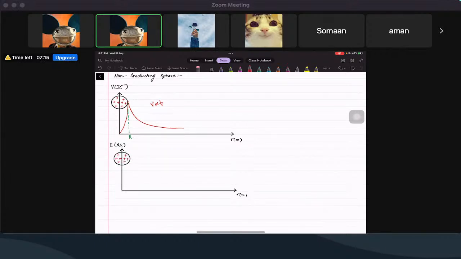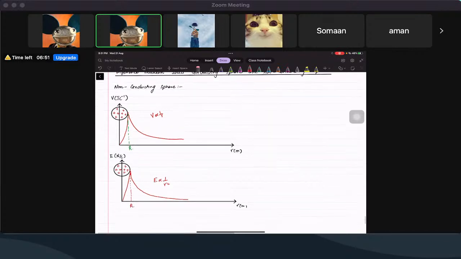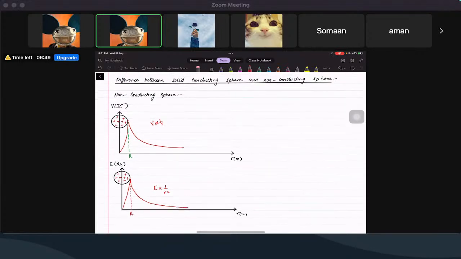Electric field strength shows you a sharper bend, because electric field strength depends on 1 upon R square, but inside it is a straight line like this. It increases till the radius and then decreases outside. So please draw this, and then we're going to talk about the one that will always be there.